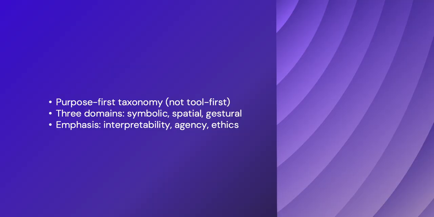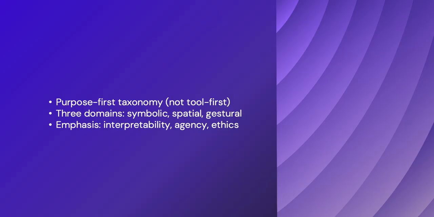To keep the talk focused, I'm using a purpose-first frame rather than a tool-first frame. I ask a simple question: what kind of guidance or interaction does the score need to provide, and which AI methods help provide that? I organized the review into three domains.